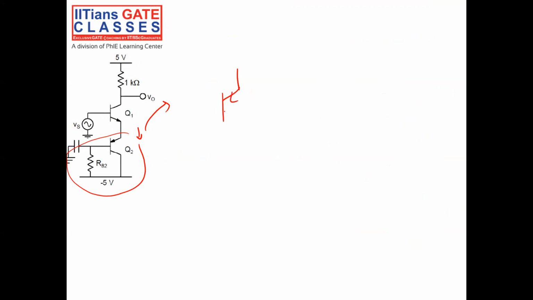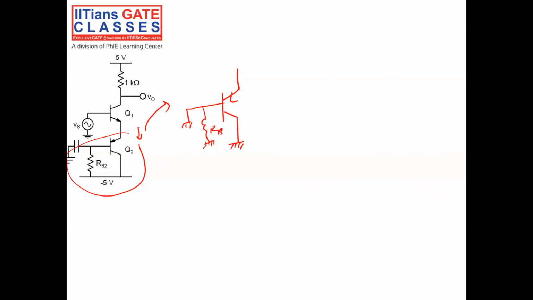For that, this is a transistor. In order to find the small signal resistance, I have to short all the DC, right? So the DC voltage is shorted, and the base also is shorted. Since RB is connected between the base and ground, it is of no use.